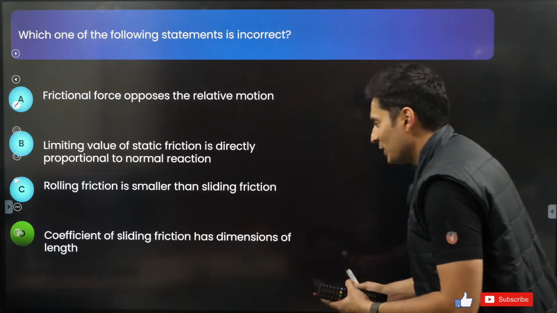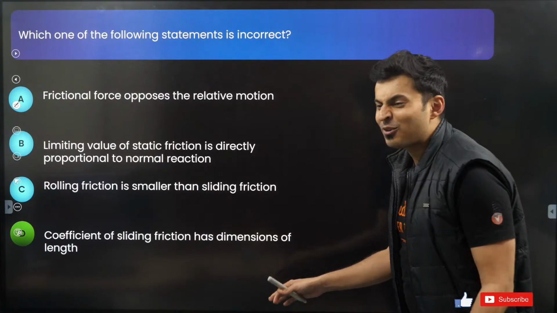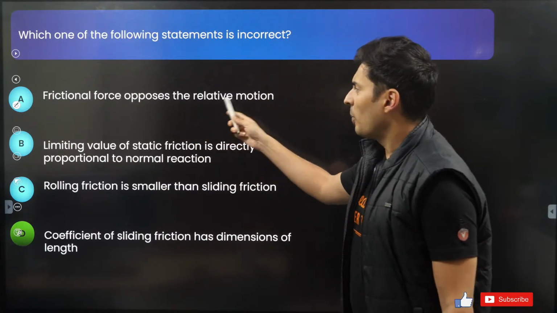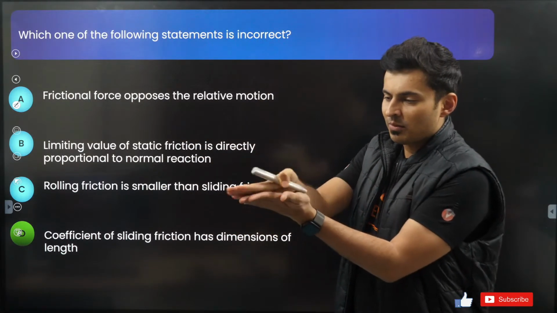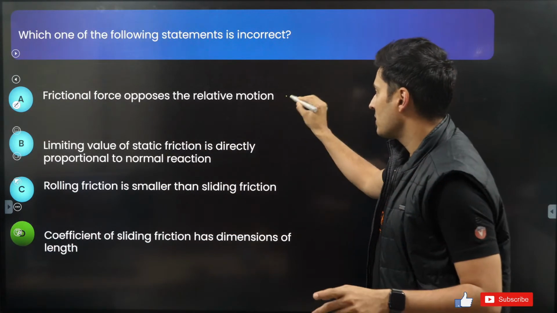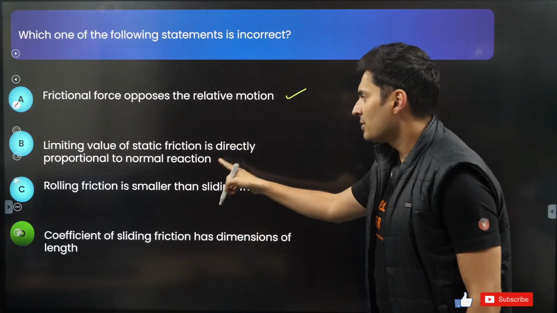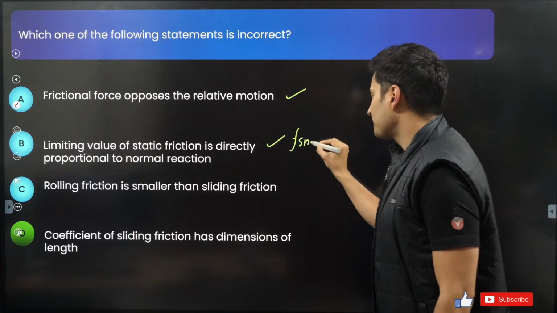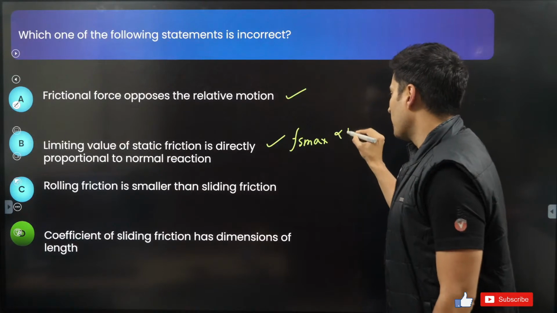Very good. Coefficient of sliding friction has dimensions of length is wrong, guys. See, frictional force opposes relative motion. That is true. Friction opposes. If the motion is here, friction will be opposite. Correct. Limiting value is proportional to the normal reaction. This is also correct. Fs max is directly proportional to normal.